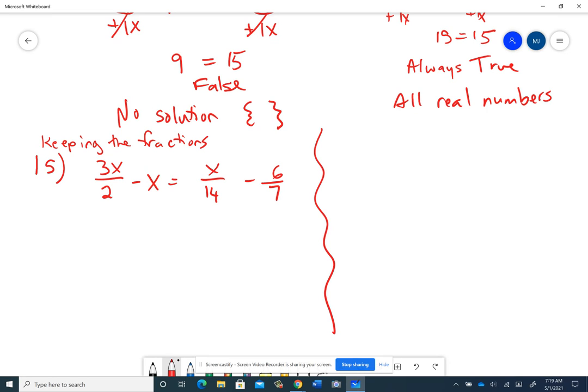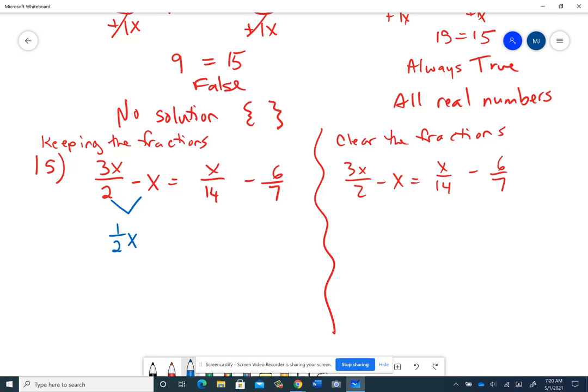Or you can clear the fractions, which was the point of all of those. So we'll look at those two. If you're going to keep the fractions, you would put these together and get 1/2 x.